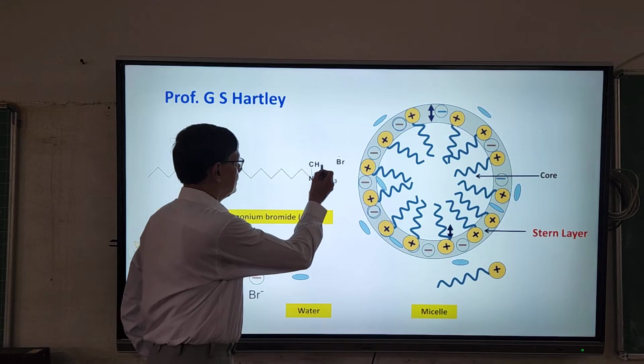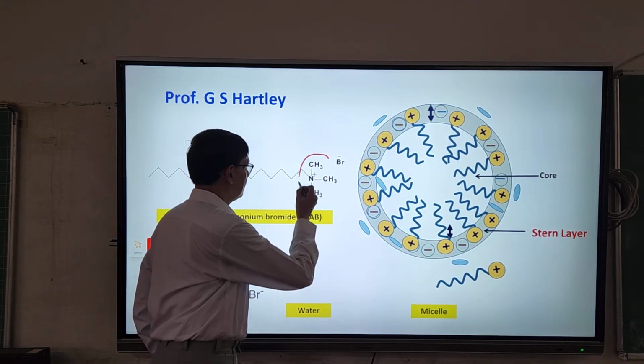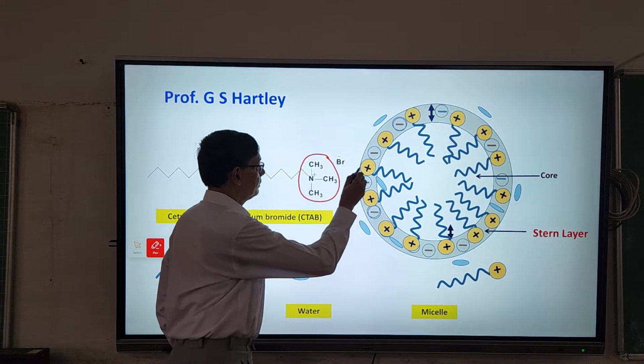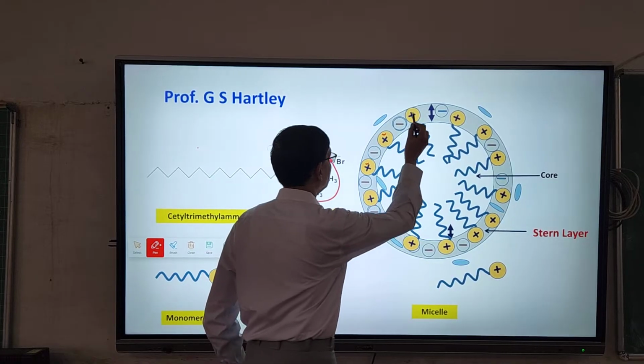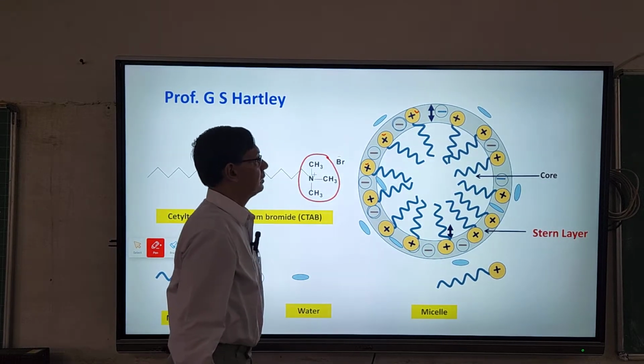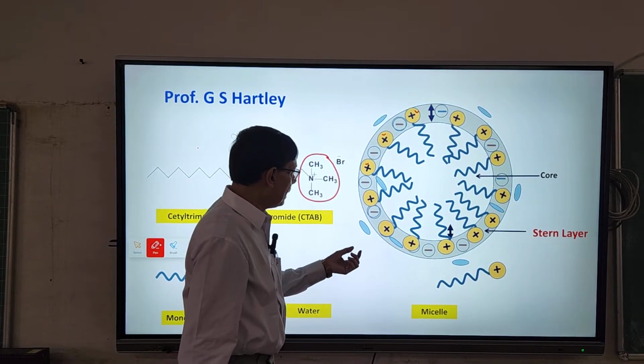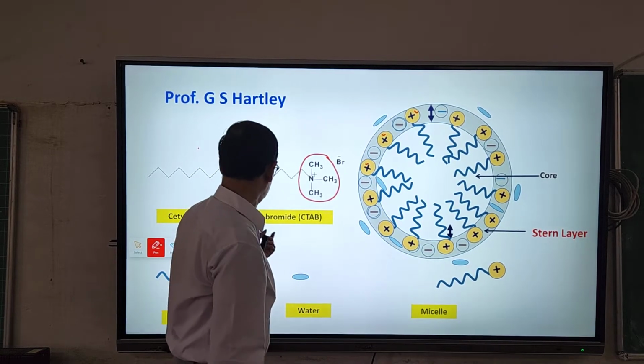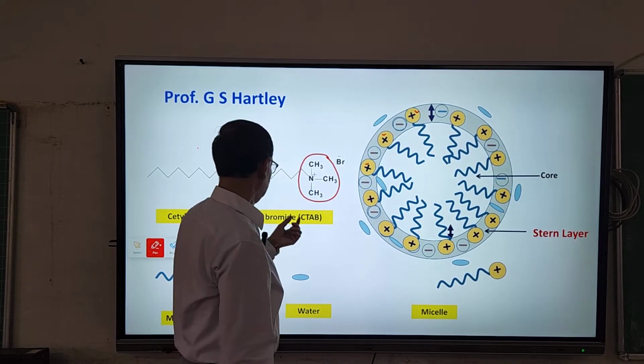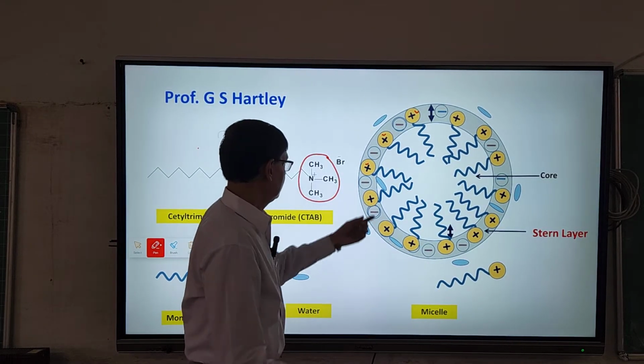Because it is cationic, this is the head group, this is head group, this is head group, and another part is the tail group.